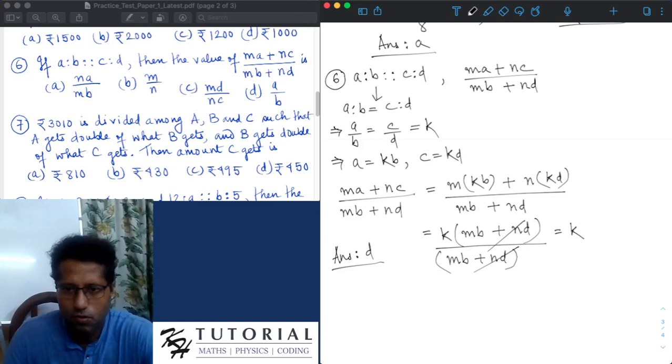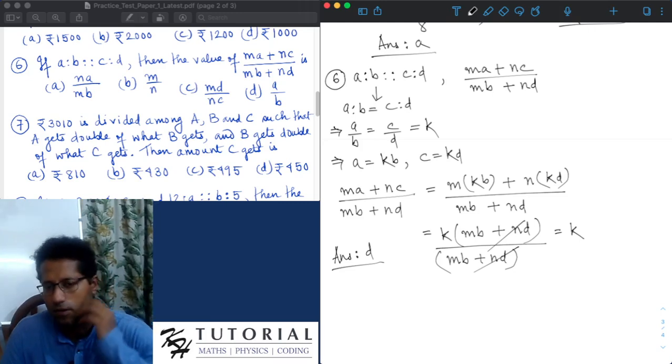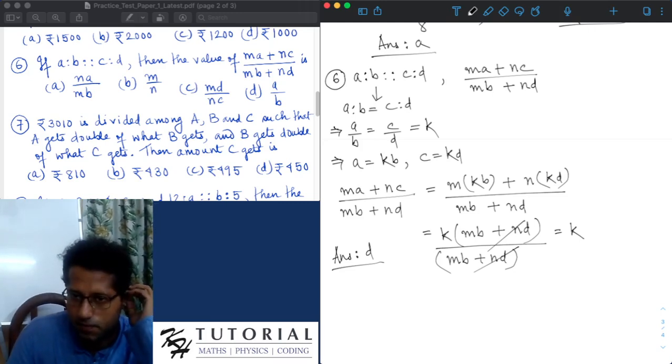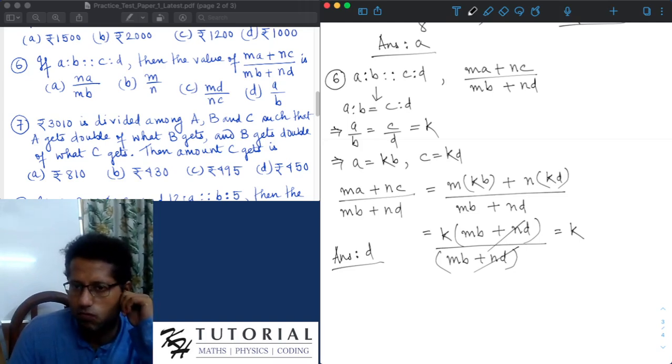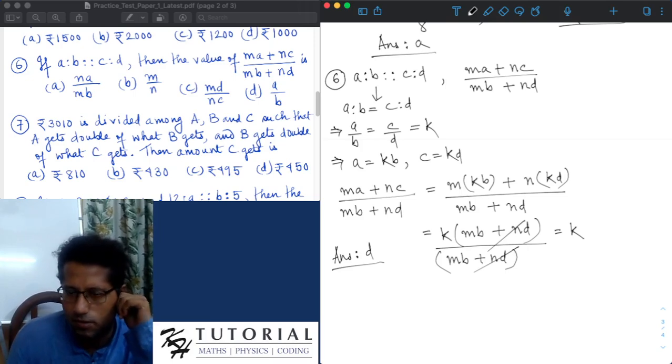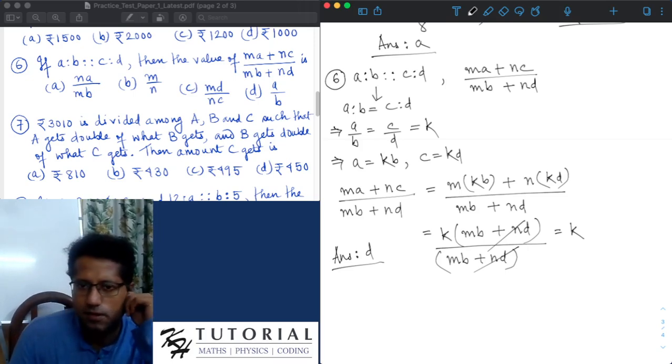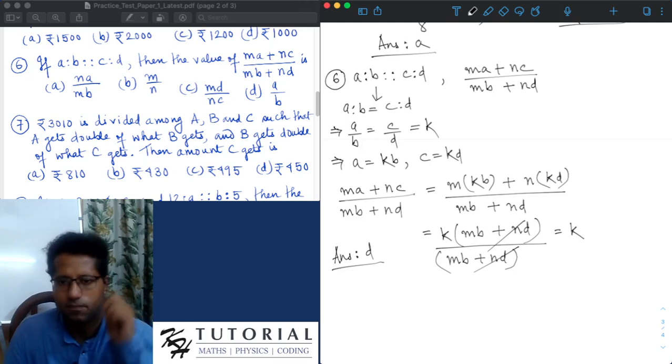In the given ratio, we replace A with KB and C with KD, and then we simplify it further, and we get the ratio is equal to K. And now we know that K is equal to either A by B or C by D. In the choice it is given A by B. So the answer is D.